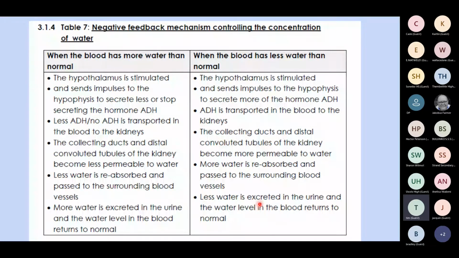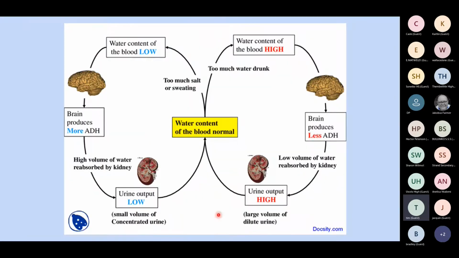Sometimes they give you a diagram. So in the middle of this diagram, water content is normal. Let's look at the first scenario in your table, the first column. I want you to have it in front of you and correlate with the diagram, following the arrows. So you drank too much water. Now the water content in your bloodstream is high.